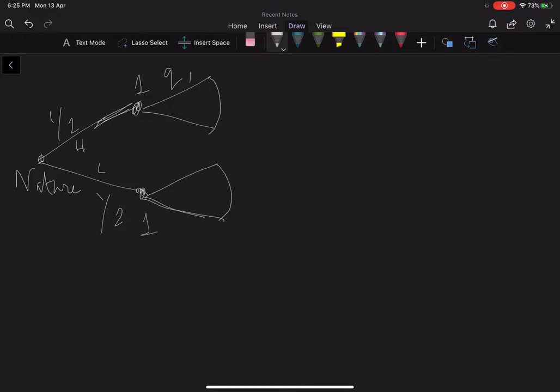Q1 is a continuous variable strategy, so that's why we are writing in cone format.